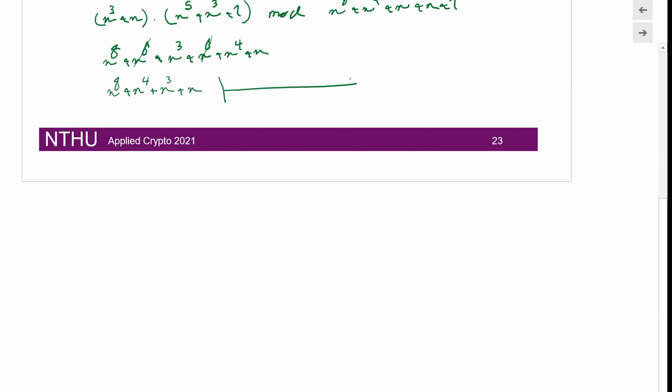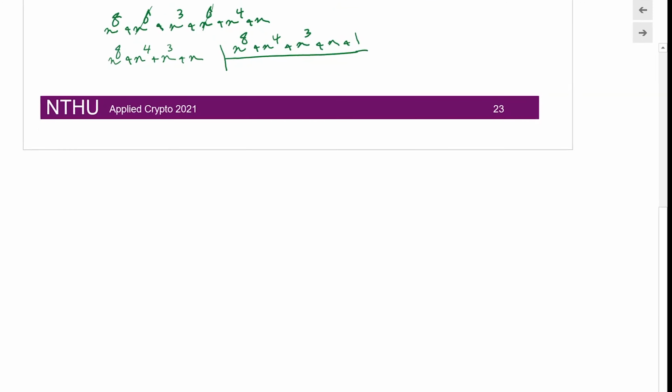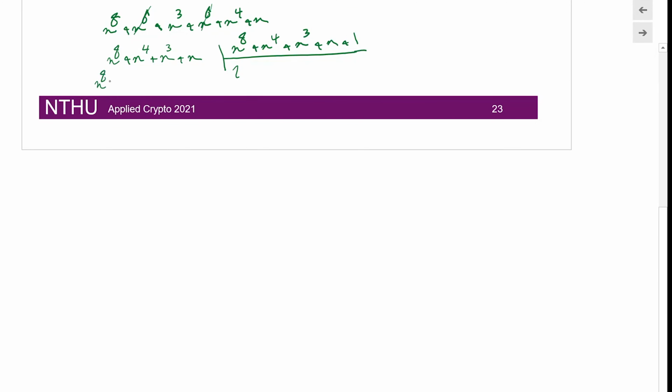Now, if I divide this by what I had here, x^8 + x^4 + x^3 + x + 1, it's just one time, so I just add them up together. These cancel each other, and then the remainder would be 1, right?